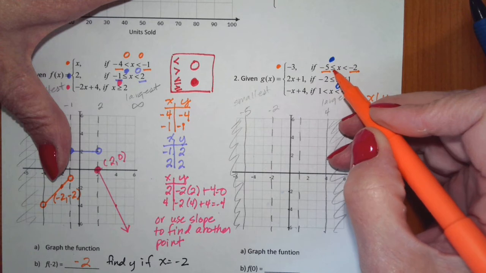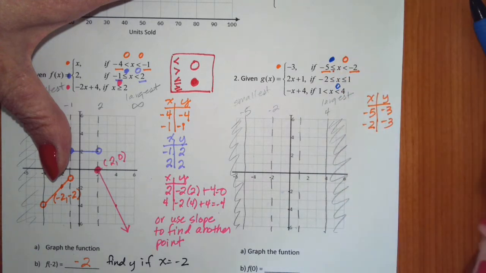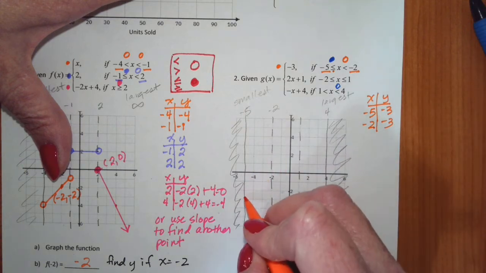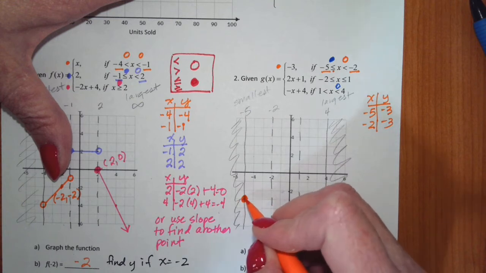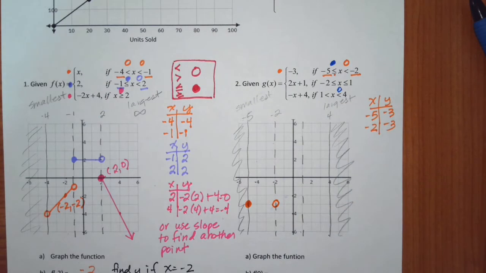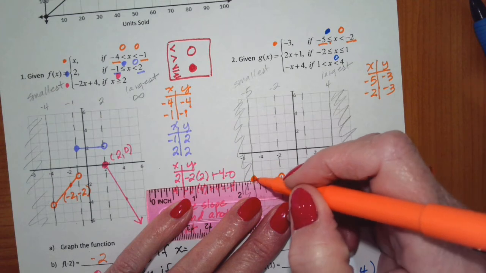We already said this was a closed circle. This, of course, is an open circle. So at -5, the value of the function is -3 with a closed circle. At -2, it is the same value, but it is an open circle. And then I connect my dots.